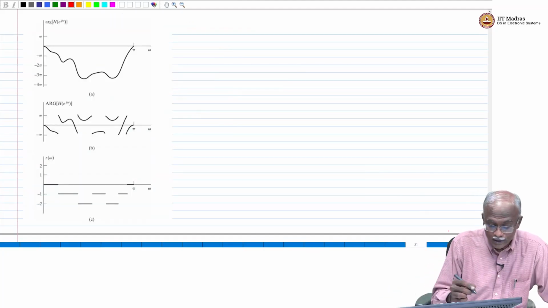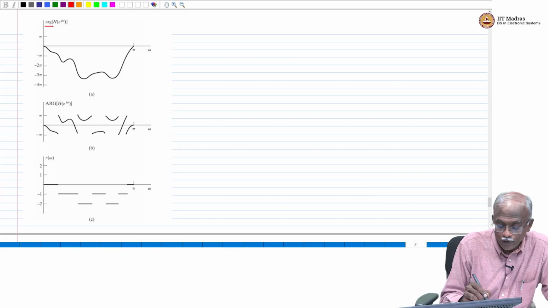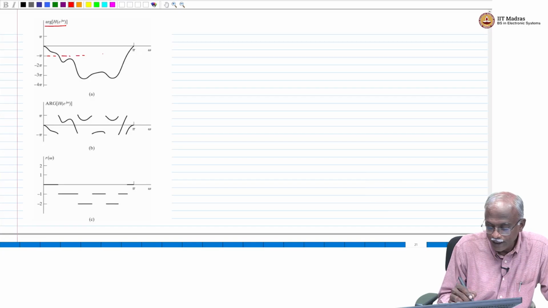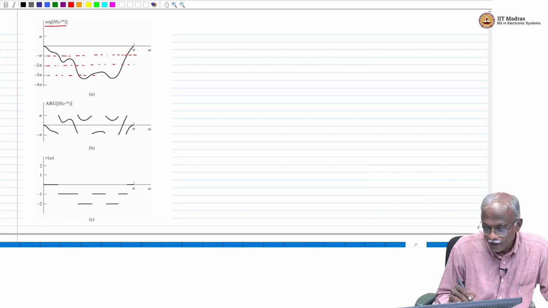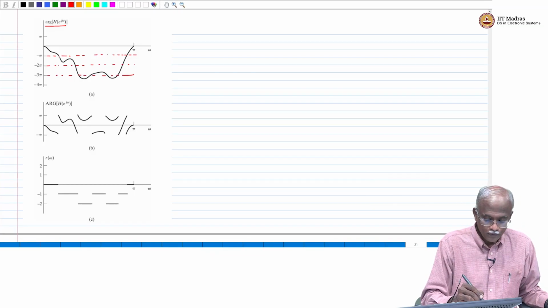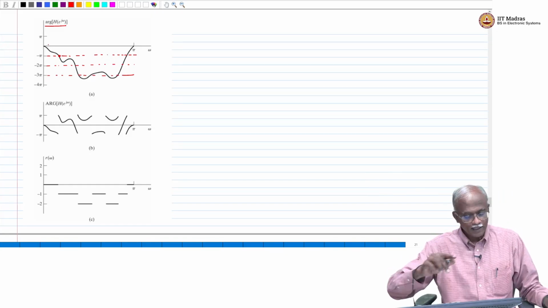And so this is the true phase. Draw parallel lines, which will indicate the points at which you're crossing these multiples of pi. Look at the first point where you cross pi. The phase is still decreasing, but what happened?